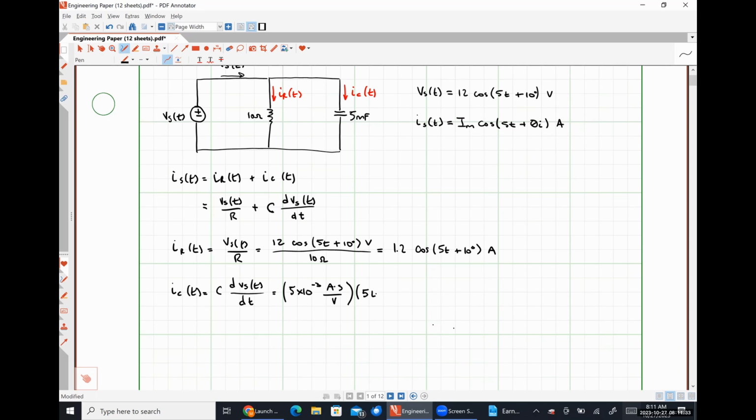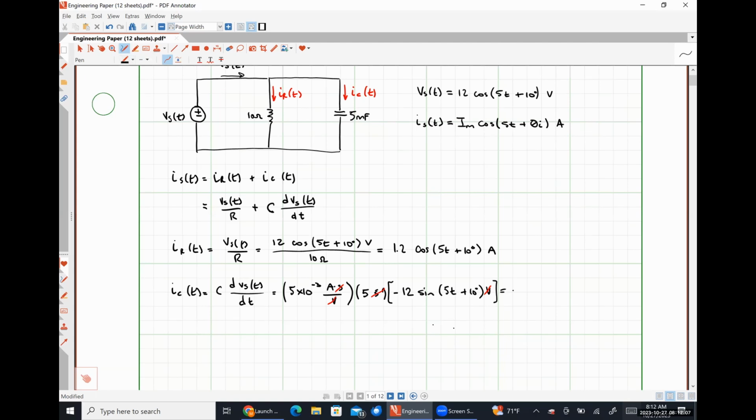So I'm going to have 5 per second. And then over here, I'm going to have negative 12 sine of 5t plus 10 degrees volts. Looking at our units here, this volt cancels this volt. I have seconds multiplied by per seconds, so I'm left with simply current measured in amps.